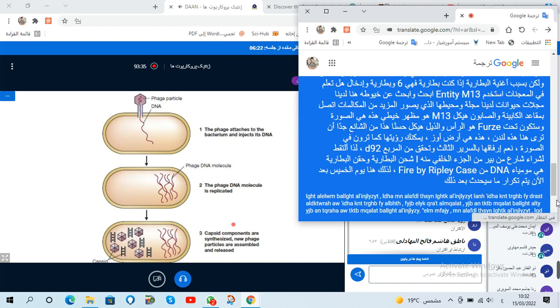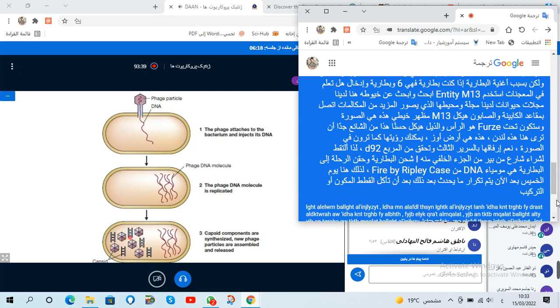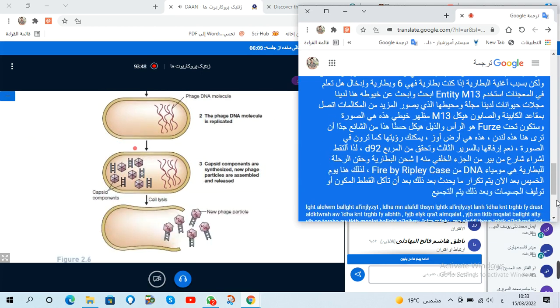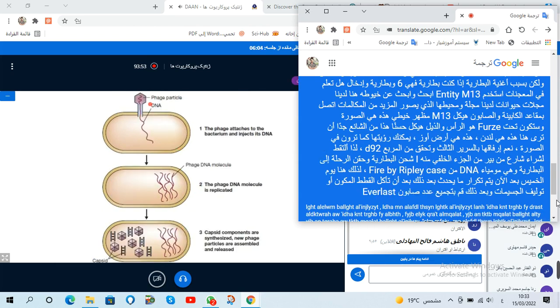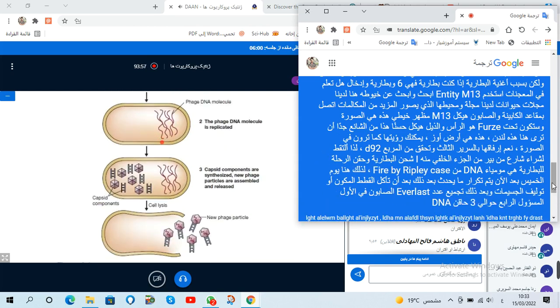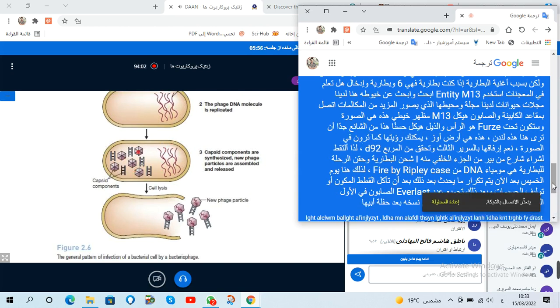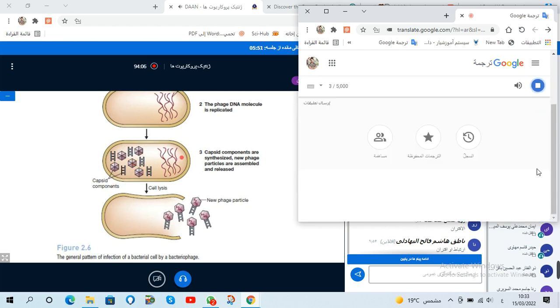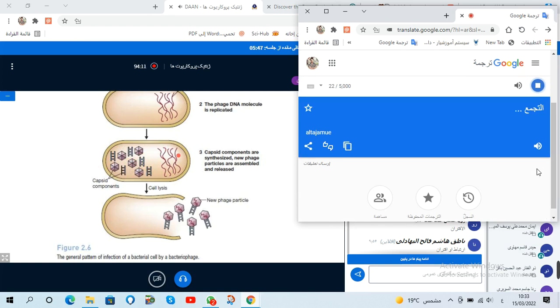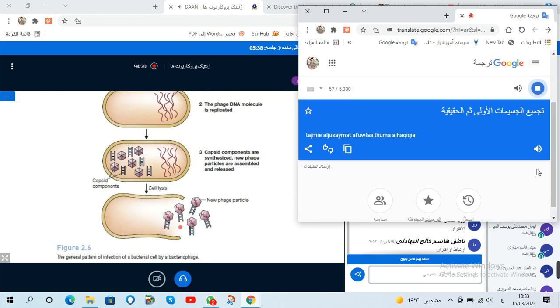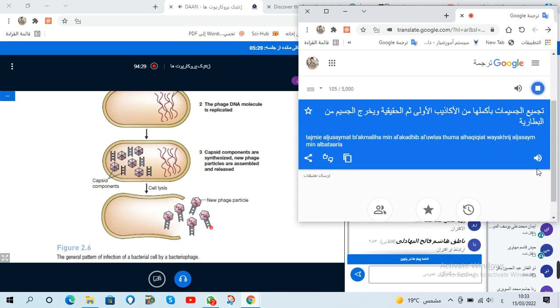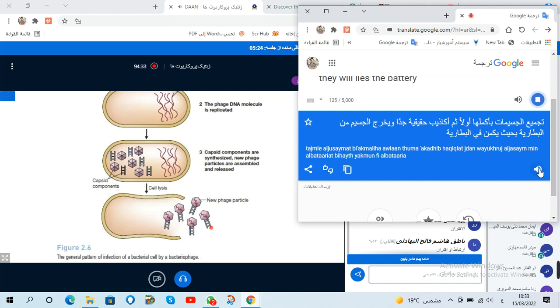After that, capsid components are synthesized into new phage particles, and after that they assemble. Then the cell will lyse and the particles come out from the bacteria. They break the bacteria and come out.